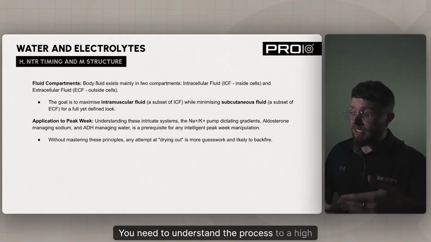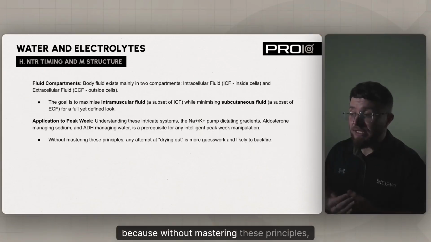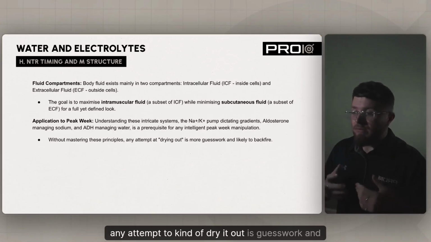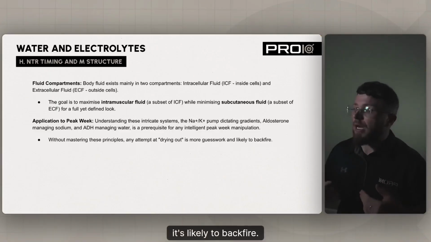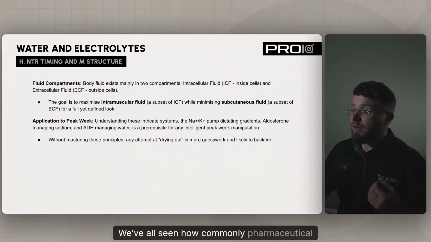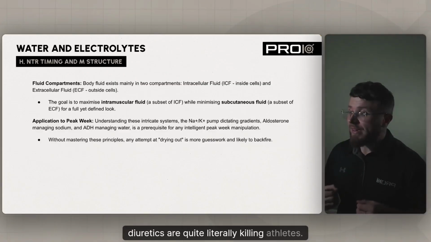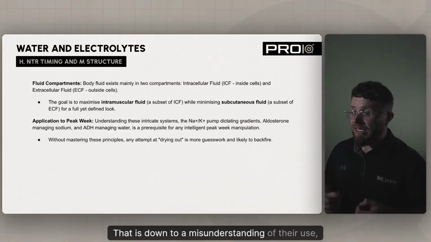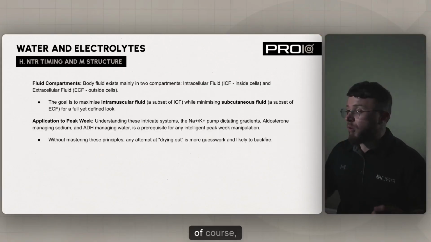You need to understand the process to a high level, because without mastering these principles, any attempt at drying out is guesswork, and it's likely to backfire. And if you're really negligent, it could potentially be dangerous. We've all seen how commonly pharmaceutical diuretics are quite literally killing athletes. That is down to a misunderstanding of their use, of their application, and of course of their danger.